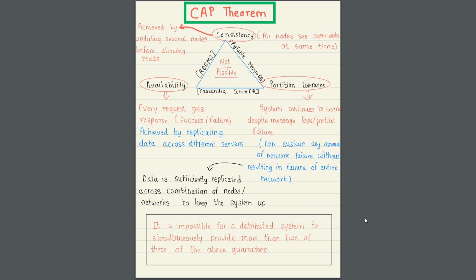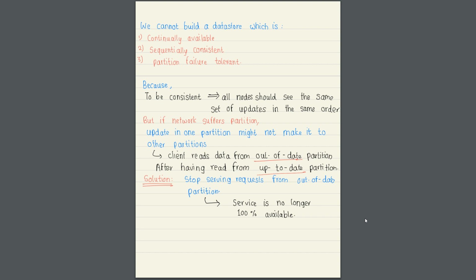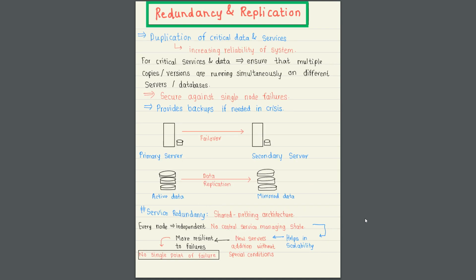If you want details, the CAP theorem details are here. Mostly it is used to stop serving requests from out of date partitions, so the service is no longer 100% available. In those cases we will use that.